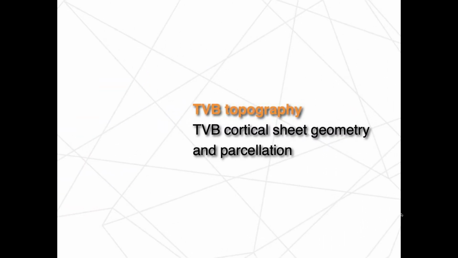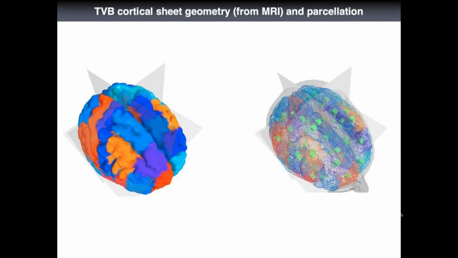Okay. So first of all, as I've said, the first element of its structure is the cortical sheet geometry and parcellation. We get structural MRI measurements, and we can reproduce the surface of the brain and represent it as a triangulated mesh.